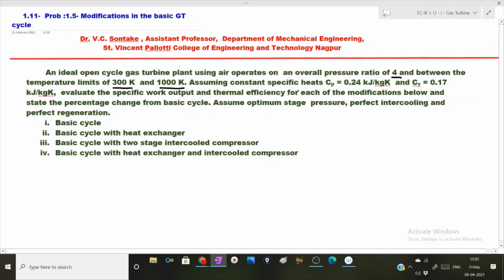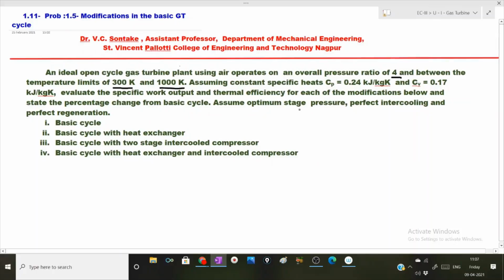Assuming constant specific heats, Cp is equal to 0.24 kilojoule per kg Kelvin and Cv 0.17 kilojoule per kg Kelvin. Evaluate the specific work output and thermal efficiency for each of the modifications below and state the percentage change from basic cycle.